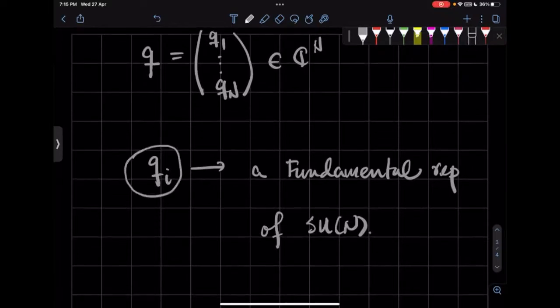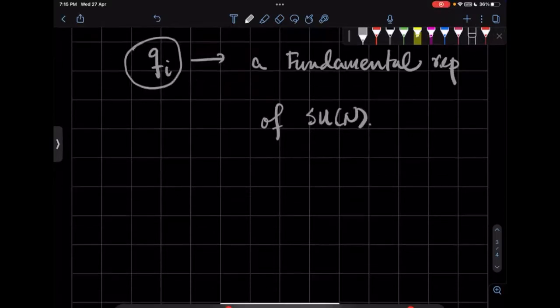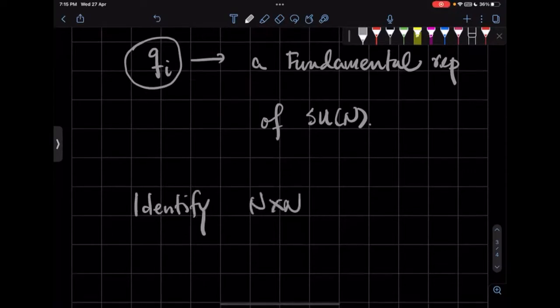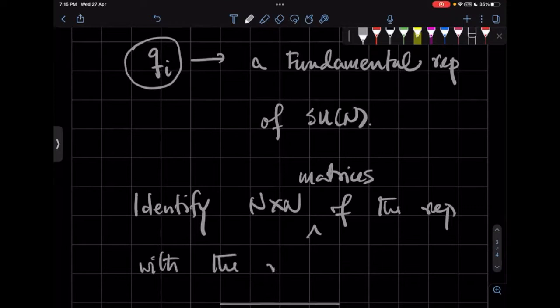As I've asked last time, we shall always identify the matrices of the representation with the vectors that they act on.